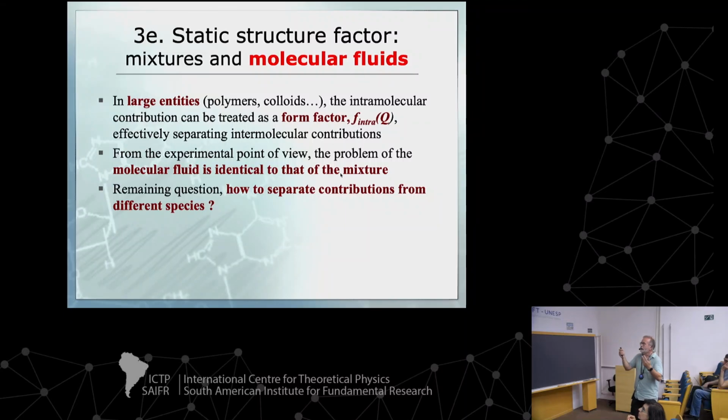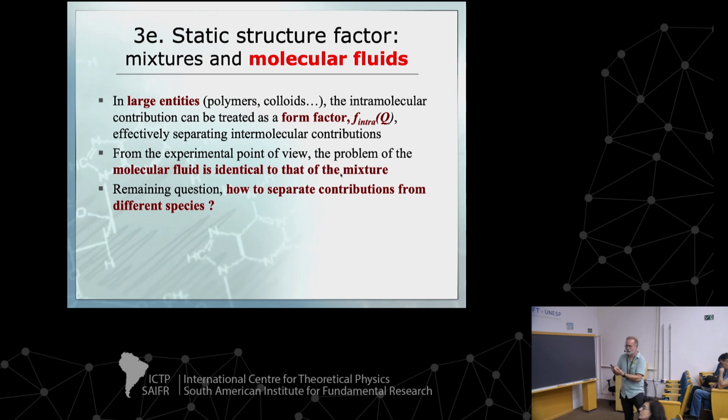Okay, in the case where you have large entities like polymers or colloids, you don't do that. You just simply do the same thing as you do when you do X-rays. When you do X-rays, you do not consider electrons separately. You know that electrons are the scatterers, not the nucleus. But all the scattering of all the electrons of a single atom gets embedded into a single function that is the form factor.